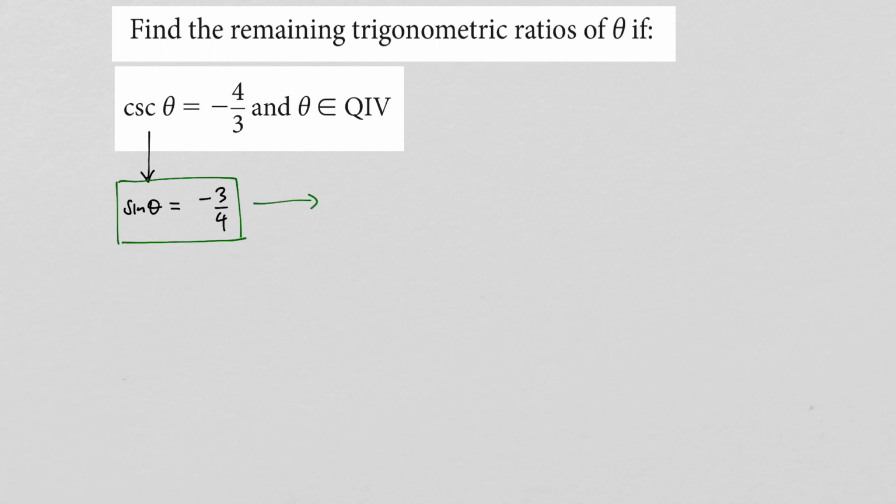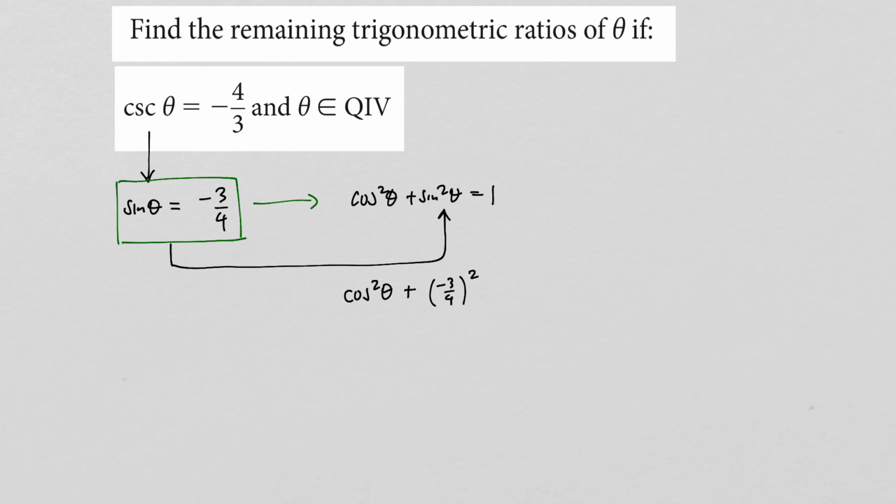So let's remember that cosine squared theta plus sine squared theta is equal to 1. And I'll take a slightly different approach than I did a couple of examples ago. I'm going to plug sine of theta equals -3/4 into here. That's going to give us cosine squared plus -3/4 squared is equal to 1.